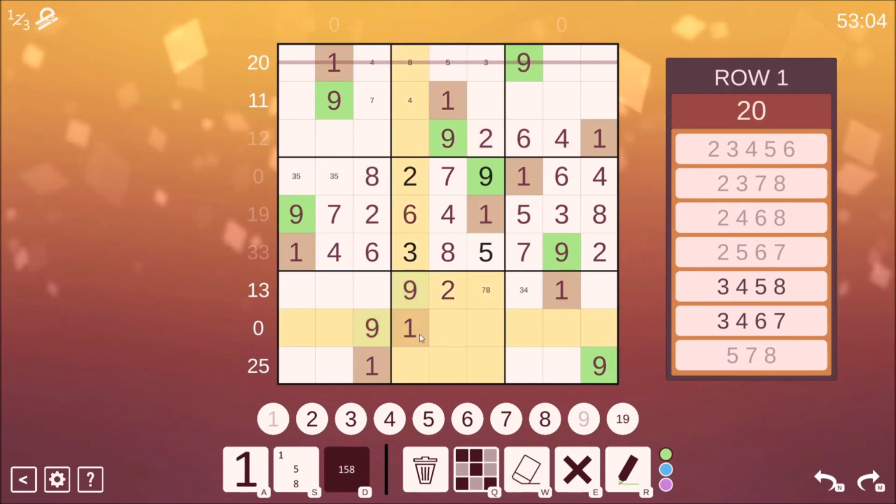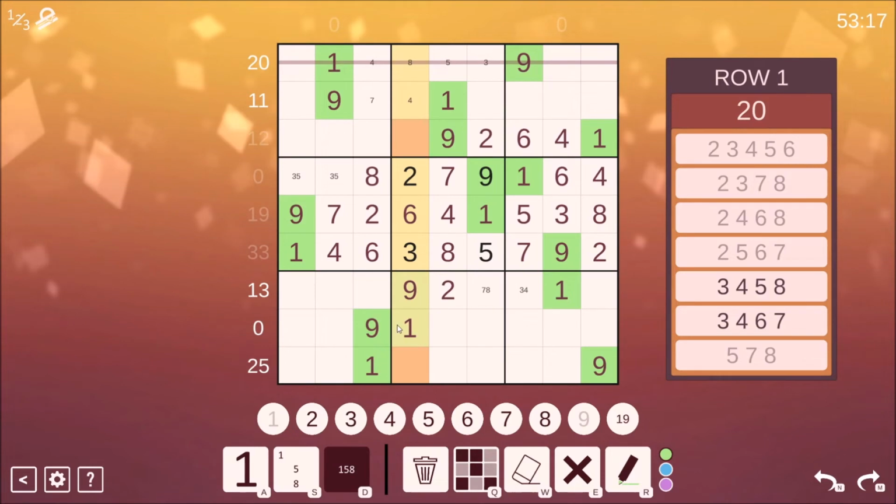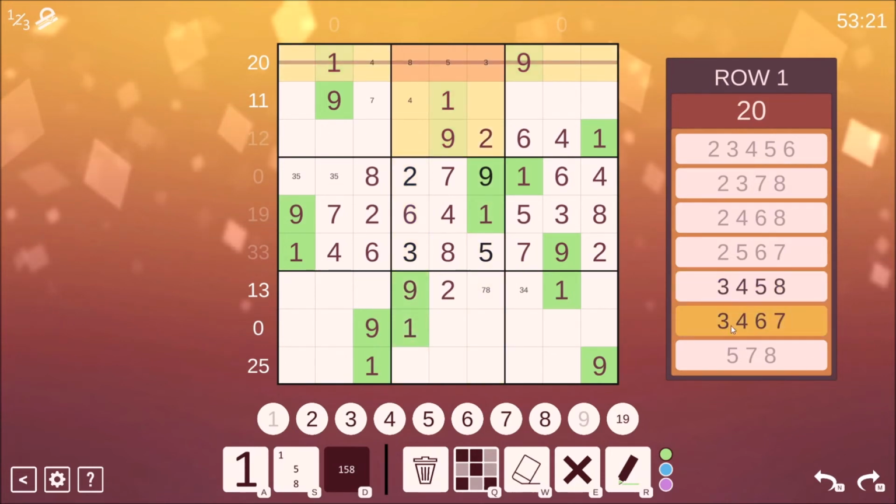Let me check this column to make sure that it doesn't break when using that. So we can place a 7 and a 5 in either of those spots. So yeah, it doesn't break. So maybe let's see if we can break this combination instead.